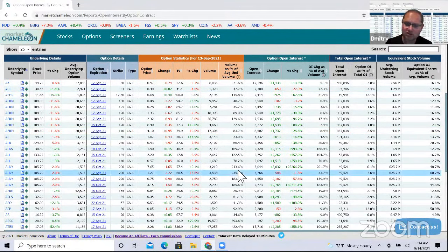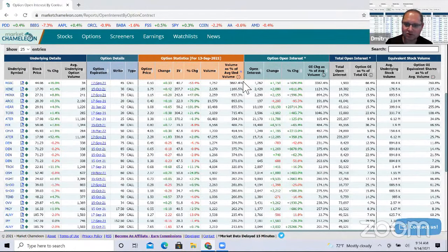And then I could sort these and say, let me see where on a relative basis there's a lot. On a relative basis, that's 1,000 contracts traded there for a stock that typically trades only 34 contracts. So that's a lot on this one line. And by the way, I do see that the open interest also increased by 1,150.